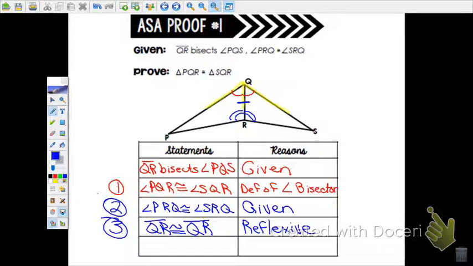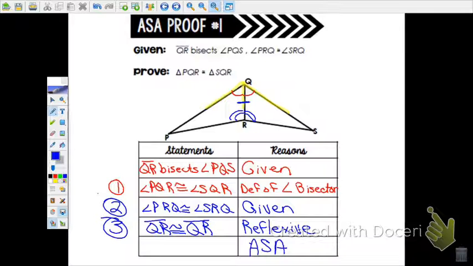I've got 3 things marked in the picture. If I look at my triangle on the left, I see angle, side, angle. When I look at the right, I see angle, side, angle. So it works on both sides.